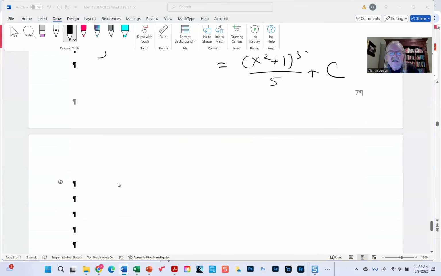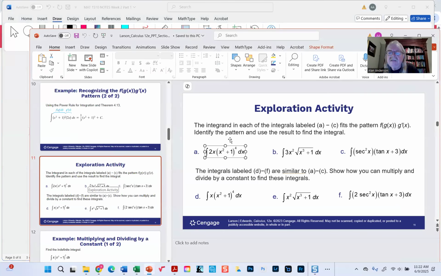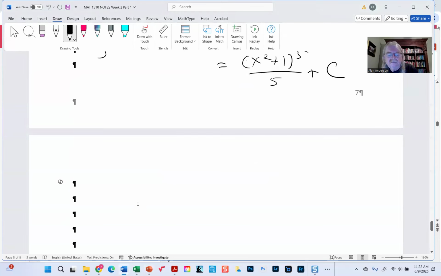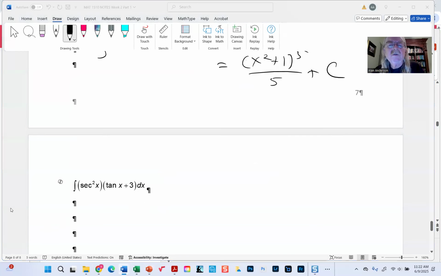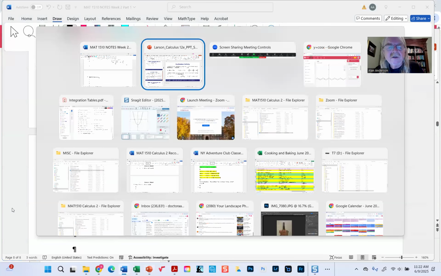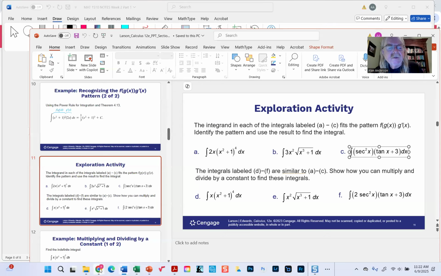All right. I'll tell you what, let's jump into this one. Ooh, that looks tricky. Oh, what do we do now? Now remember, we need du. So if you remember, somewhere along the way, we reminded ourselves that the derivative of the tangent is secant squared of x.